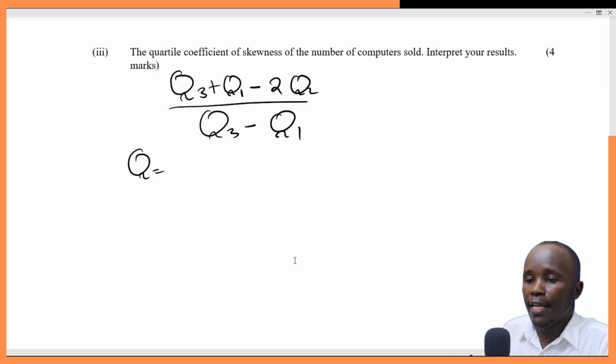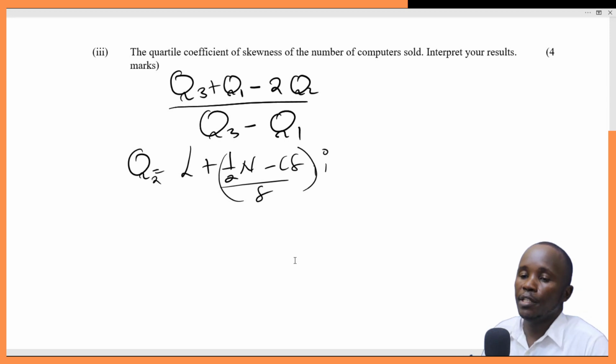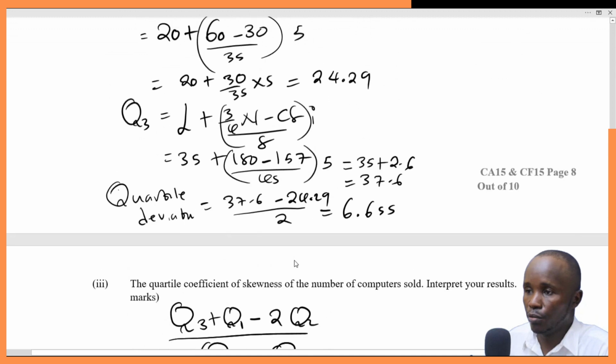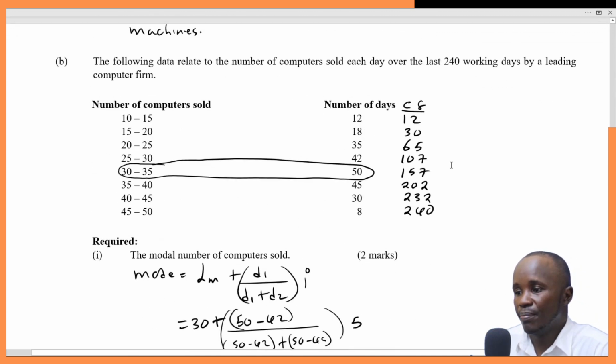Q2 is the median, which is L plus half N minus CFB, divided by frequency, times i. 240 means that the median will be at 120, which is 240 divided by 2. Let's check where 120 is. 120 belongs to the same class as the one above.